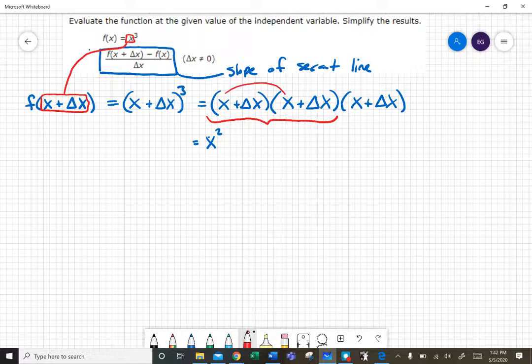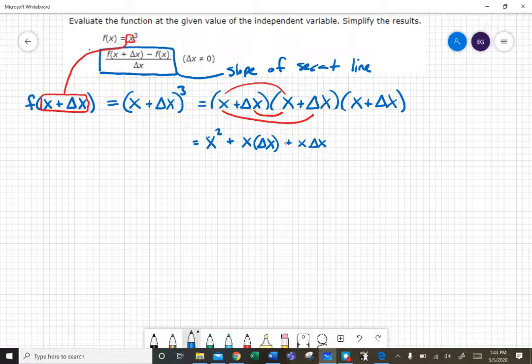Then we have, let's erase this so we have some more room here. Then we have outer times outer, inner times inner. So outer times outer is x times delta x. Inner times inner here, we have another x times delta x.